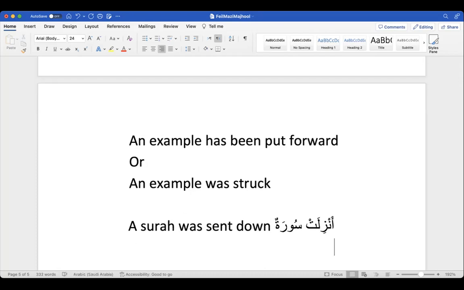If you go to Surah Zalzala, what is the number of Surah Zalzala? 99. I'll share the screen so that you will be able to see it.